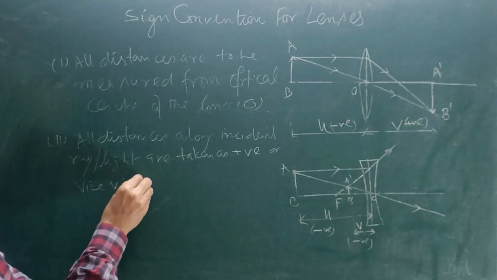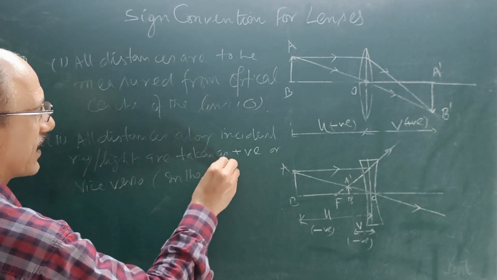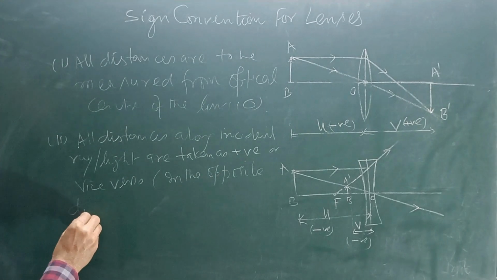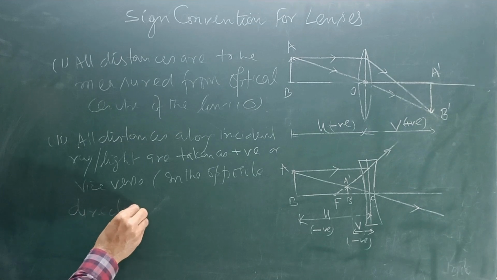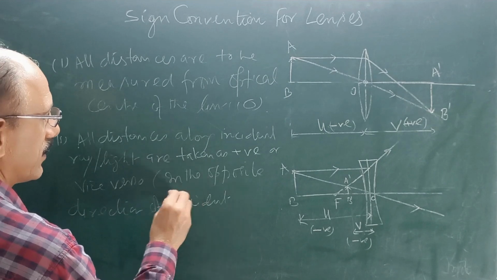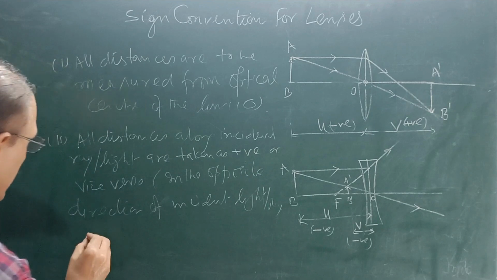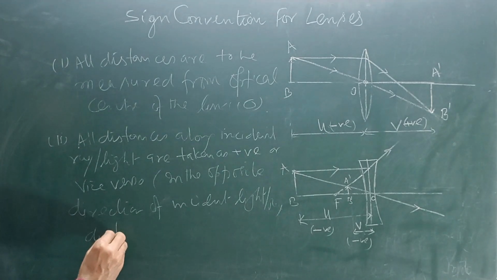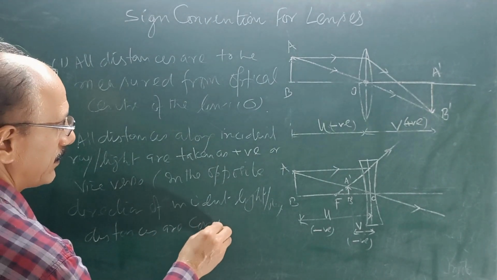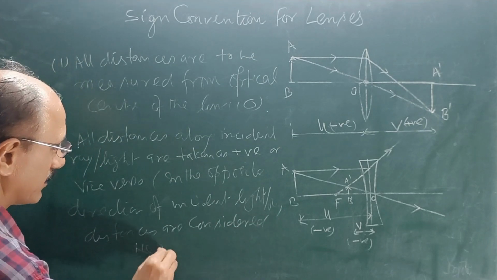Vice versa means in the opposite direction of incident light or ray, distances are considered negative.